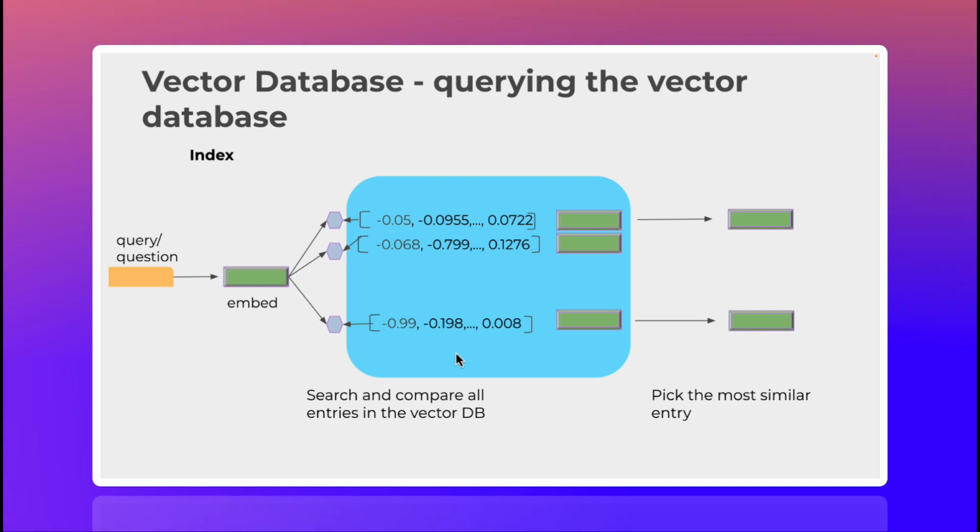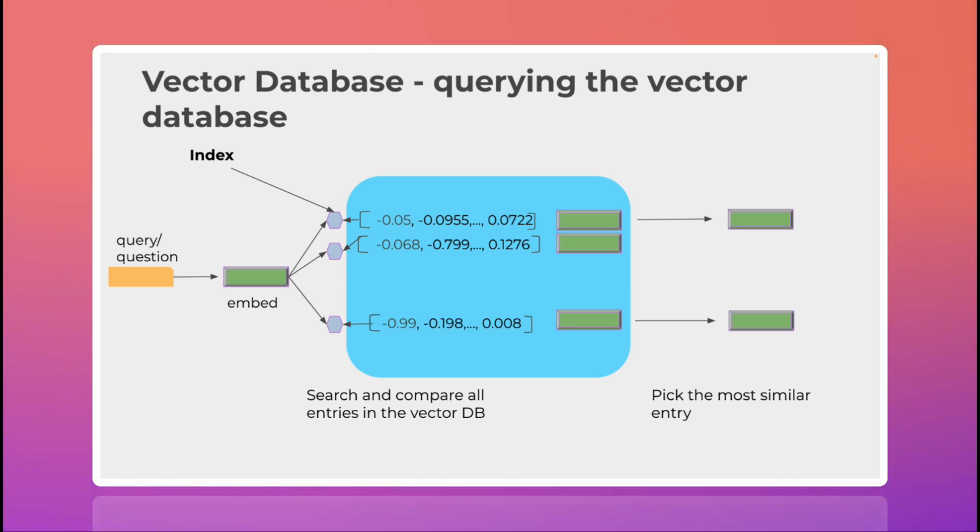It makes sense. So as I mentioned earlier, we need to create what we call an index. The index is another data structure that is created by the database, in this case, the vector database. The vector database uses various algorithms to build an index that makes retrieval, important, more efficient.